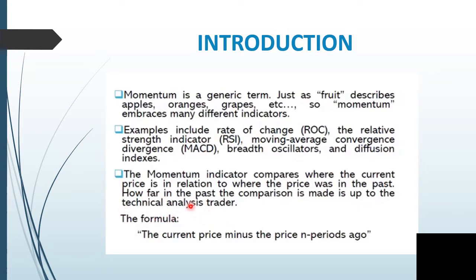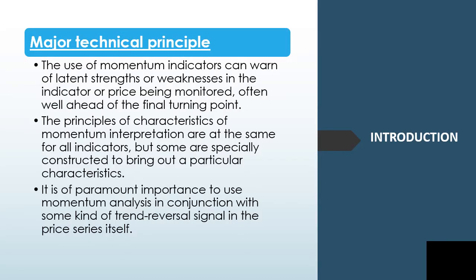The formula quoted here is the current price minus the price n periods ago. For this video, we will focus on rate of change only. We will look at the major technical principle for rate of change, or ROC.